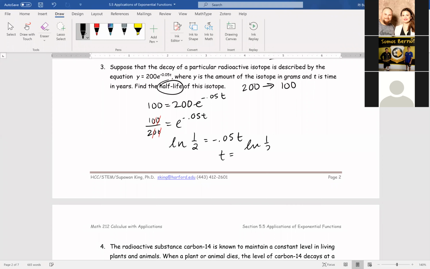Ahead of myself here. That is going to yield 13.86.